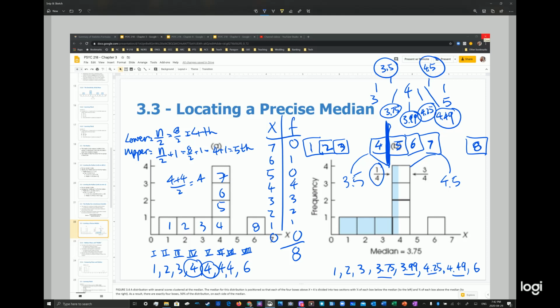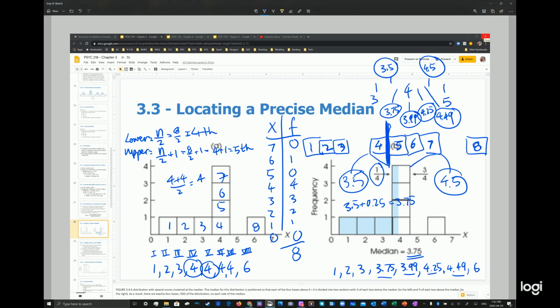So the value between the interval of 3.5 and 4.5, the upper and lower limit of the interval 4 for this continuous variable, well, 1/4 of 1 is 0.25, so 3.5 plus 0.25 is going to be 3.75. And so the median here has the value, not 4, but 3.75.